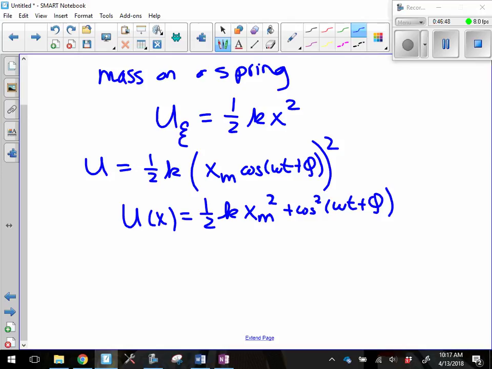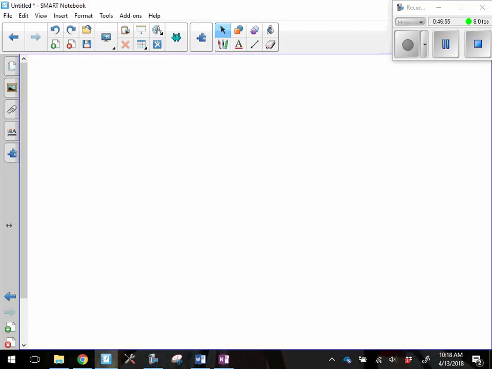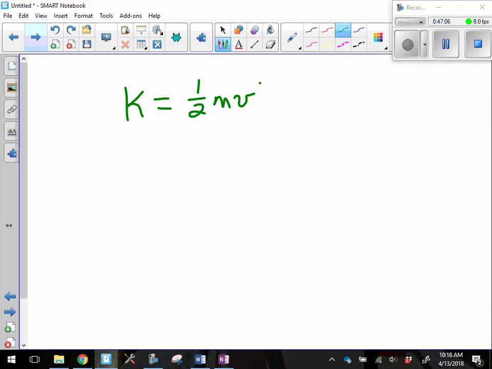Okay. So that's potential energy. What's the other kind of energy that we have? We have kinetic energy. What's the formula for kinetic energy? 1/2 mv squared. And if I'm still talking about my mass on a spring and simple harmonic motion, then I have an expression for v too, right?